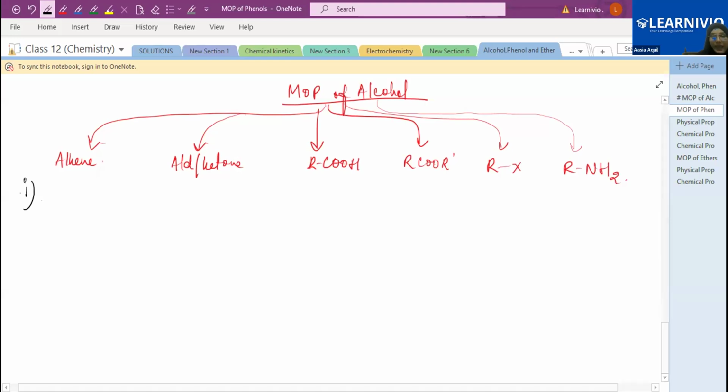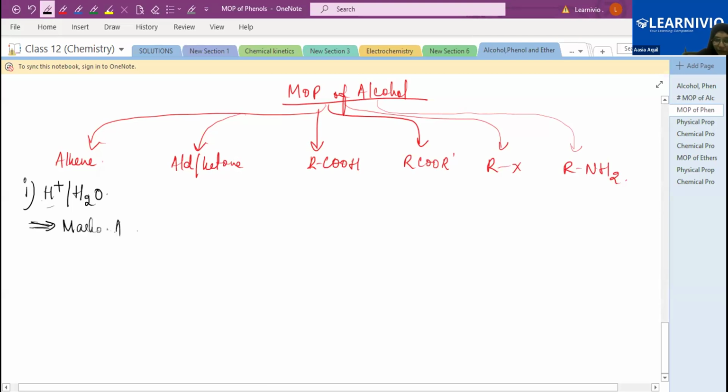In the acid catalyzed reaction, we use H plus in the presence of water, that is, aqueous acid. And which rule will we follow in the acid catalyzed reaction? We will follow the Markovnikov rule.